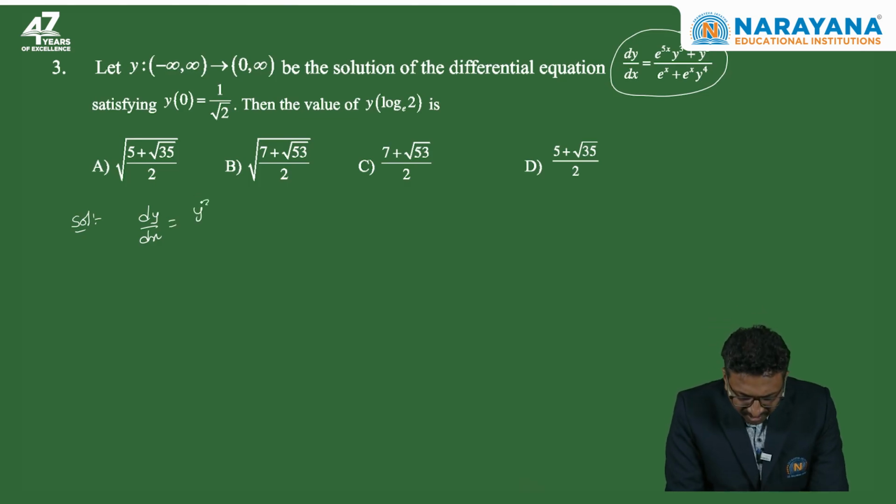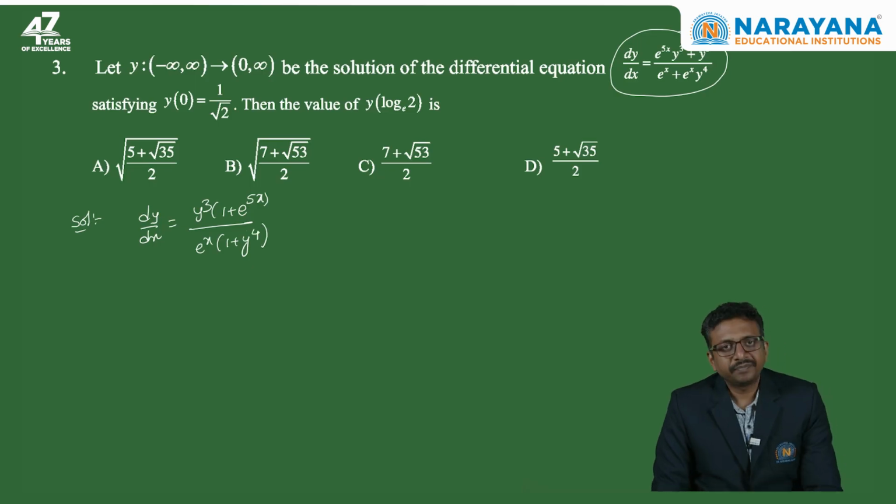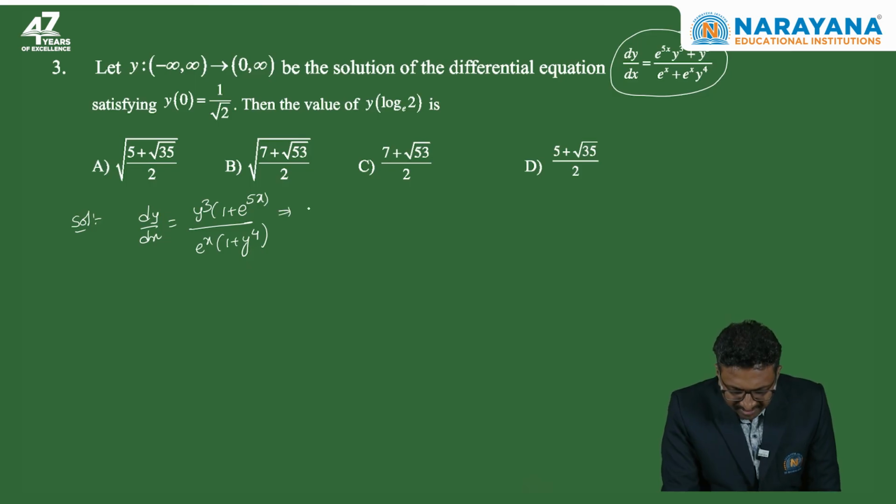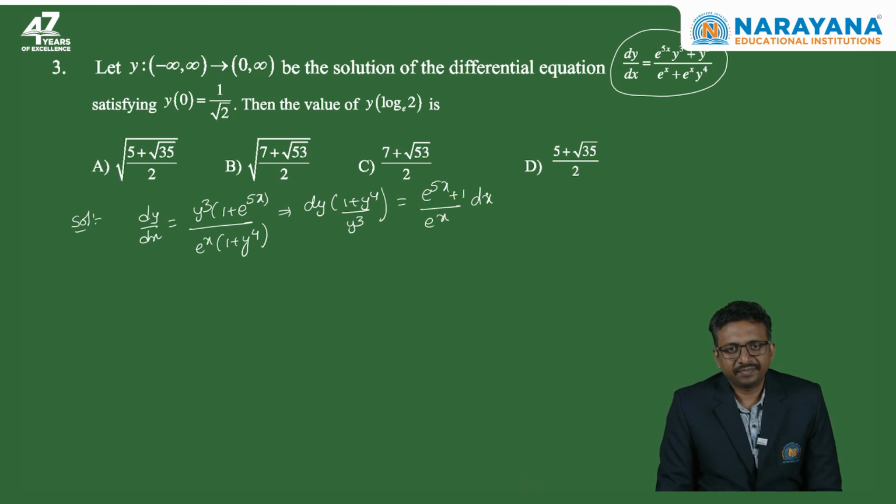So if you take y cube times (1 plus e power 5x) divided by e power x times (1 plus y power 4), right? So variables can be separated very easily, which implies dy times (1 plus y power 4) by y cube is equal to (e power 5x plus 1) by e power x into dx.